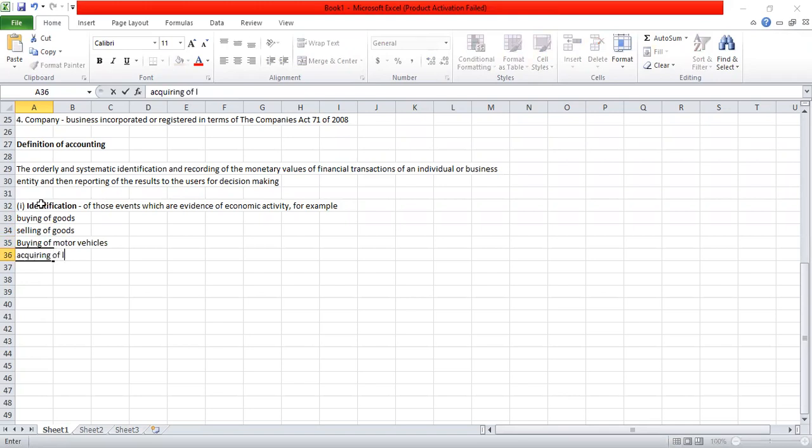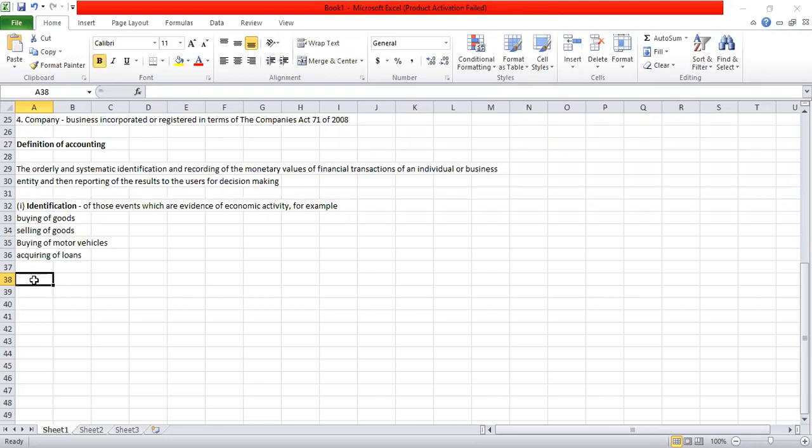So anything that has got a financial impact on the business has to be identified first. It has to happen. Maybe if you go to ShopRite, they will keep those cash slips. At the end of the day, they will produce a cash register that will summarize all the sales. And if Ashanti Gold buy a vehicle, they will have the record of the vehicle that has been bought.